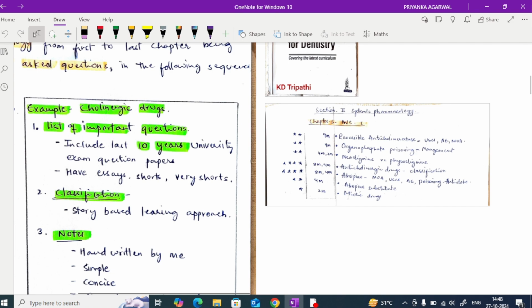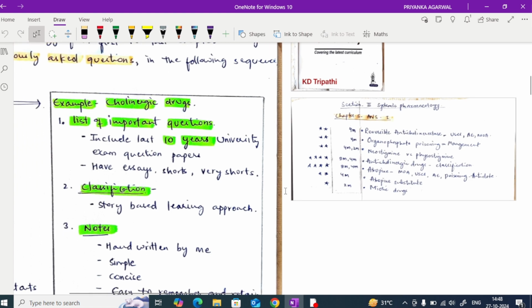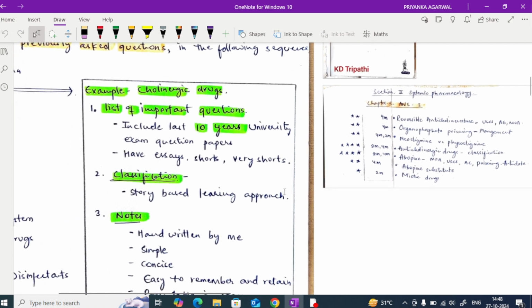So I have prepared this list referring to previous 10-year university exam question papers, and this list will give a clear idea about which question is asked for 4 mark, 8 mark or 2 mark and how important they are. Okay, so after having an idea about the questions asked in this chapter, we will study the classification and the notes. The notes is where the actual answers are.